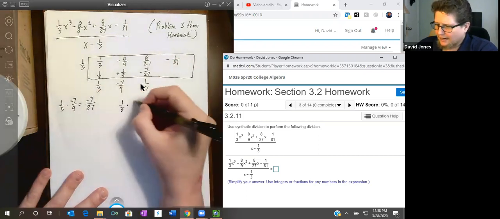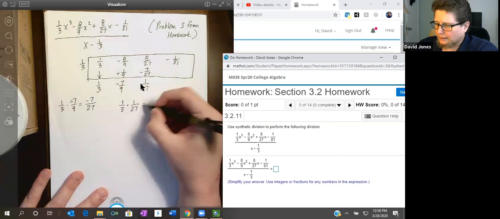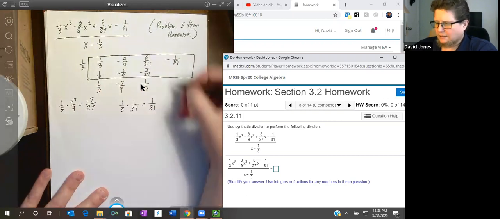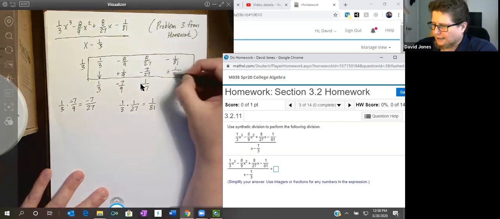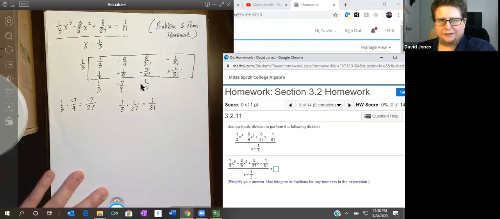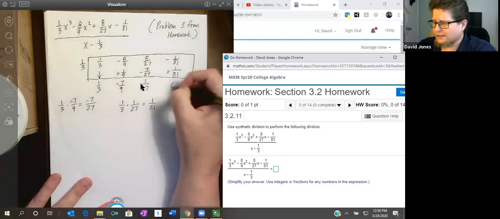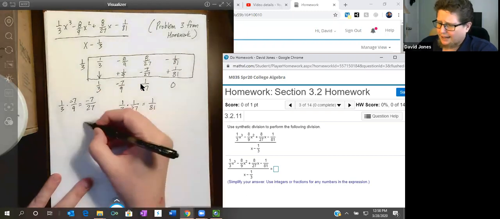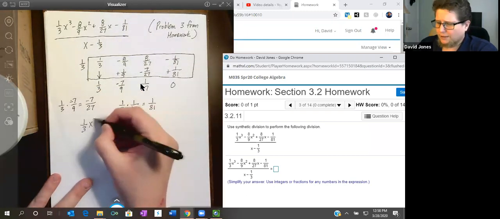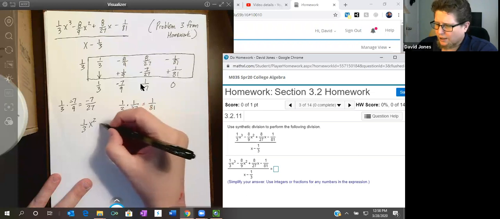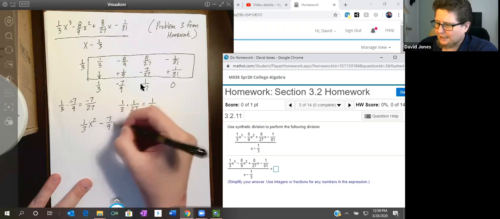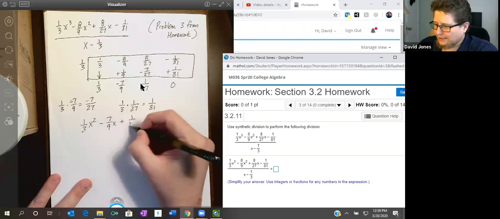And they conveniently gave us numbers that combine well. At least they didn't give us fractions that had different denominators and we had to do even more work. We've got a remainder of 0. My answer here is a degree of 1 lower, 1/3 x squared minus 7/9 x plus 1/27.